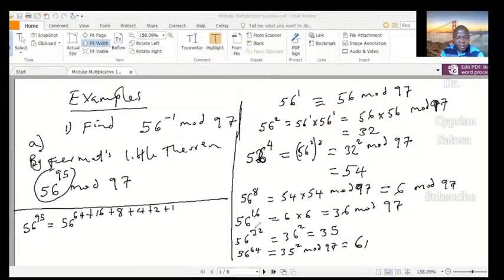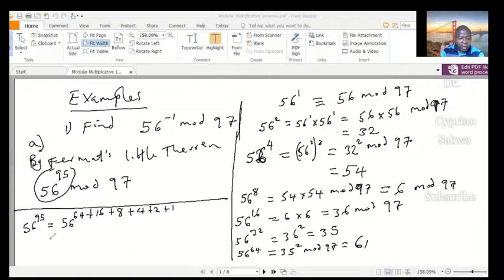So I'm just using my squares here. I discovered that when I add 64 and 32, that will give me 96, and so it will be beyond. So then I use the smaller ones. 64 plus 16, that is 80. 80 plus 8 will be 88. 88 plus 4, that will be 92. 92 plus 2, that will be 94. 94 plus 1, that will be 95.